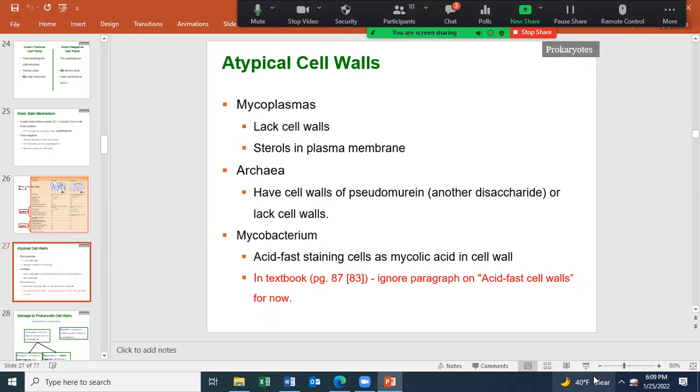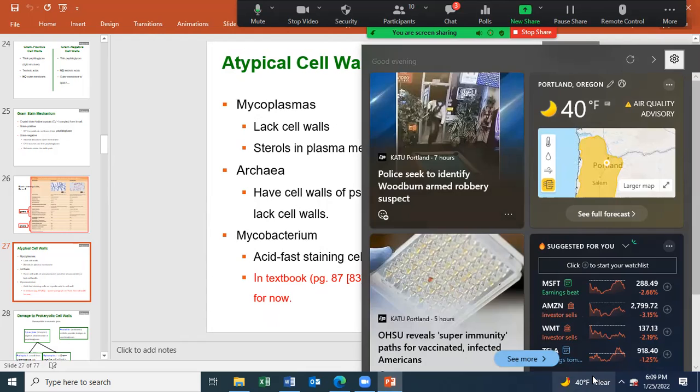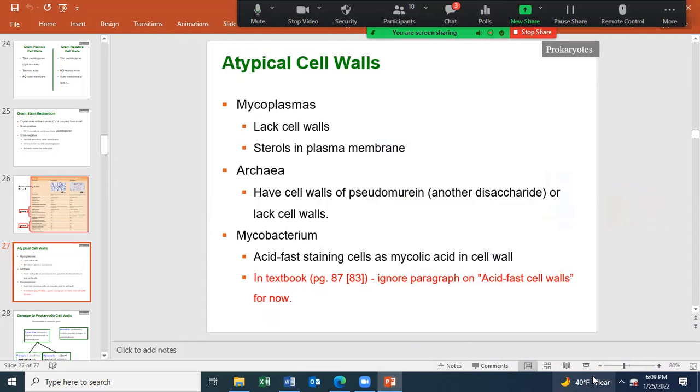There are some atypical cell walls. Let's talk about the bacteria first. The mycoplasmas are cells which lack a cell wall. They typically have sterols in their plasma membrane, which is similar to us, meaning animals, which typically have sterols like cholesterol in their plasma membrane.